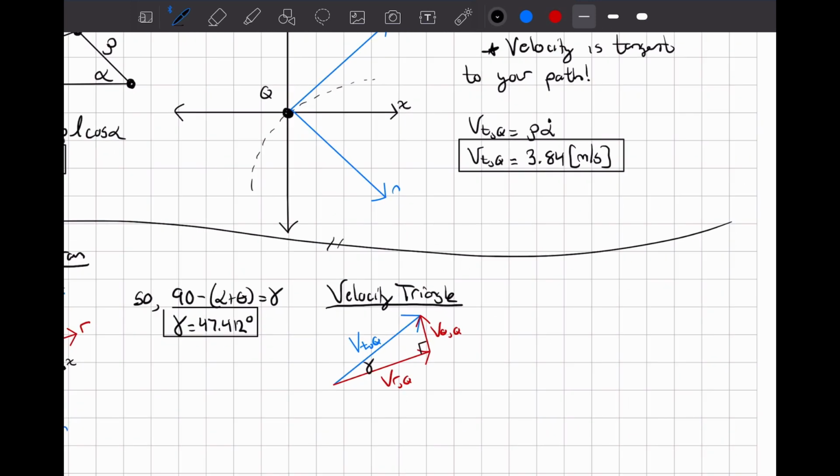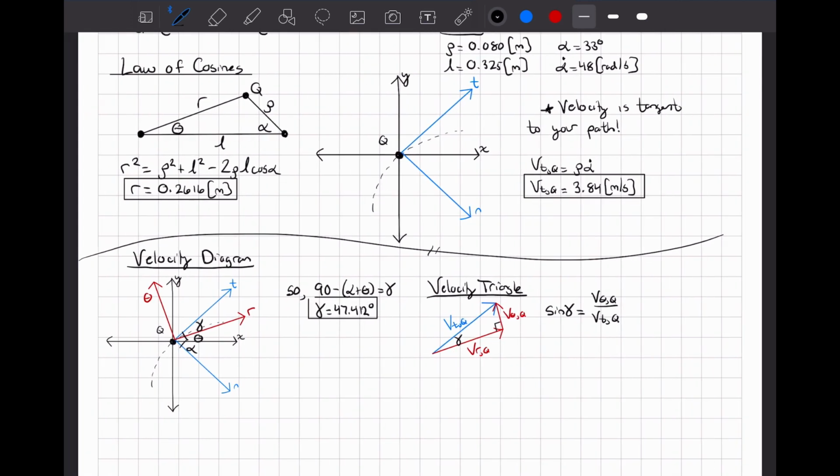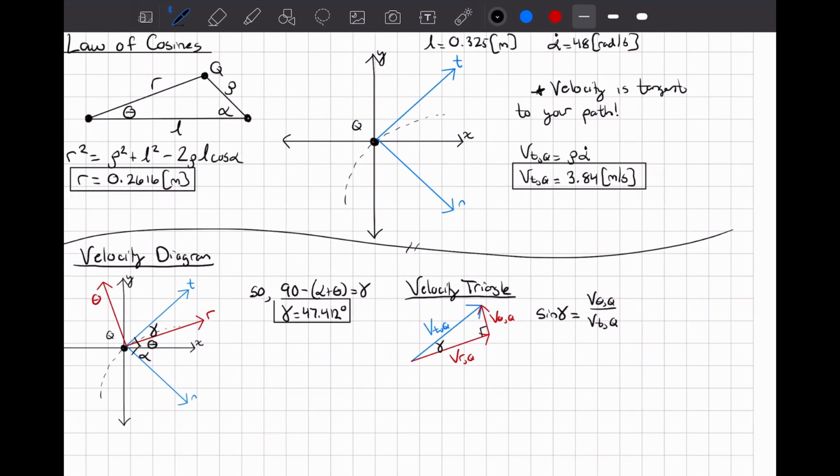Specifically, we know gamma and we know the tangential velocity, so we can get the velocity in the radial and theta directions respectively, just using some simple trigonometry.